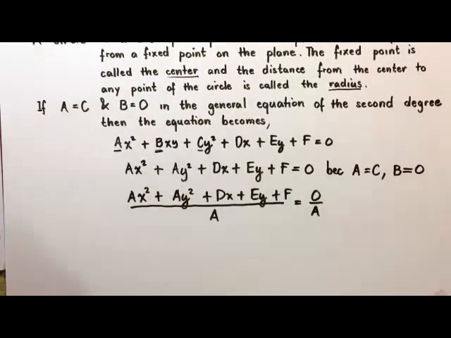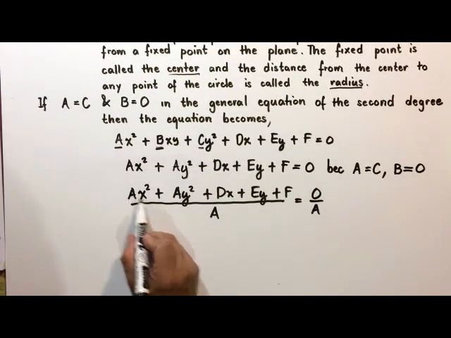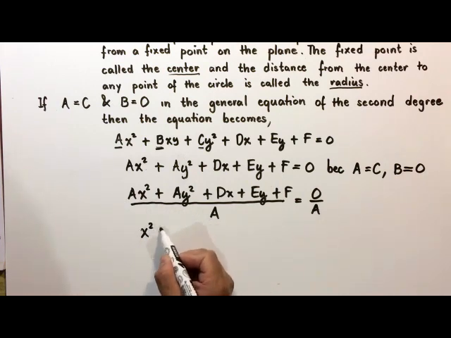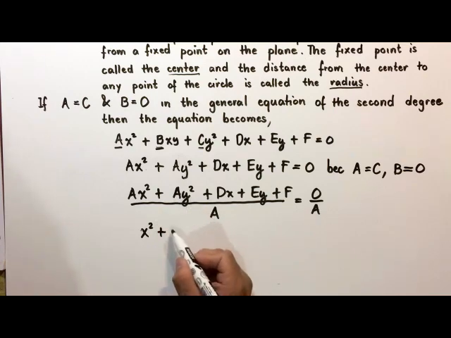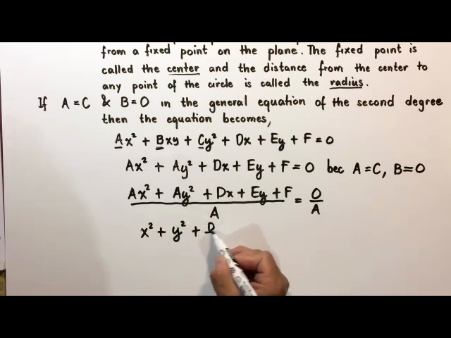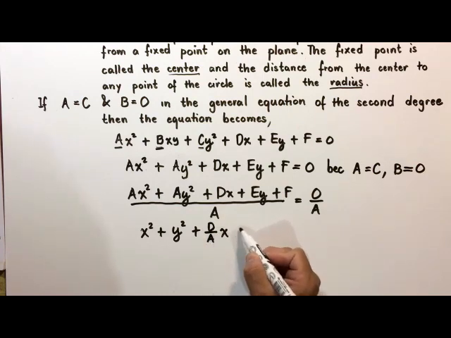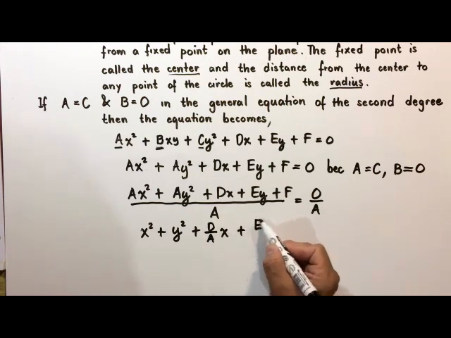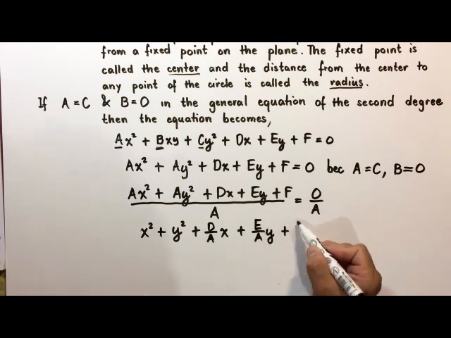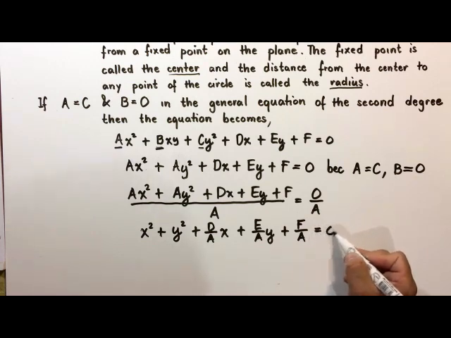So this A cancels with this A. So what will remain is x squared, and also this cancels here. So plus y squared plus d over a x plus e over a y plus f over a is equal to 0. Why? Because 0 divided by the number A is 0.